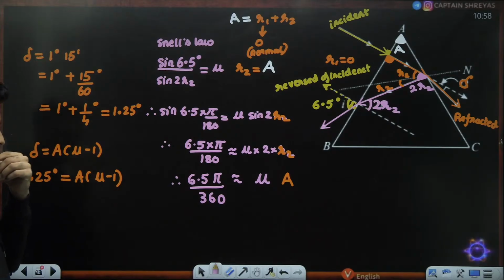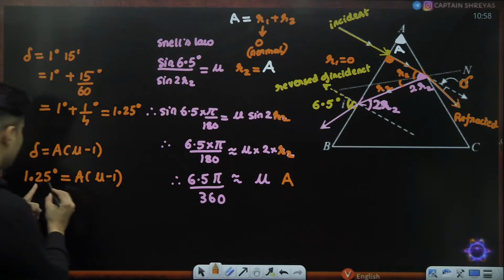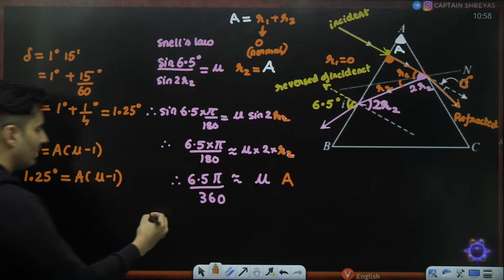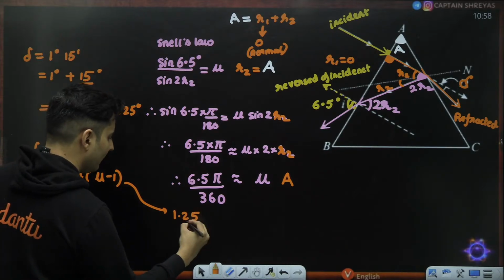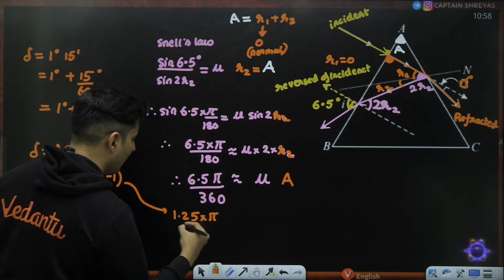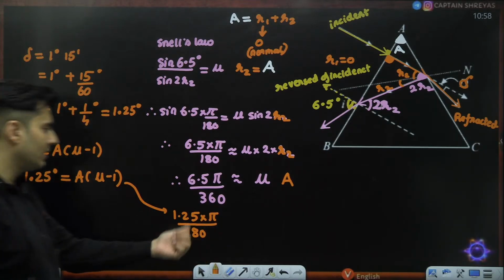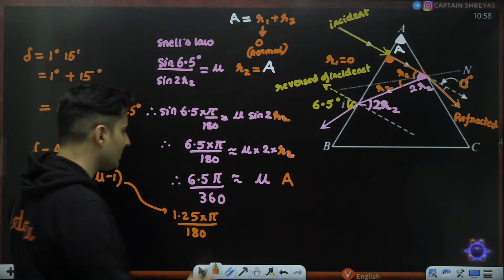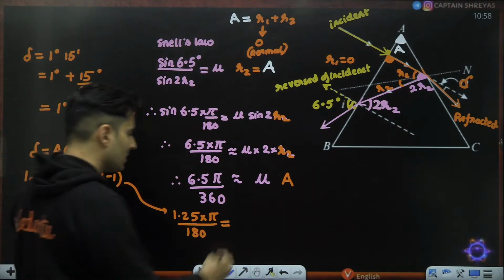I think I'm getting some ideas now. And one such idea is, look at this. This is in degrees. Why not convert it into radians? So 1.25 multiplied by pi divided by 180, just converting this degrees into radians because everything is in radians here, is equal to A mu minus A. Just check this out.